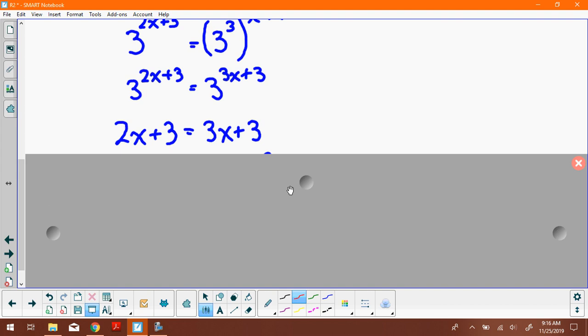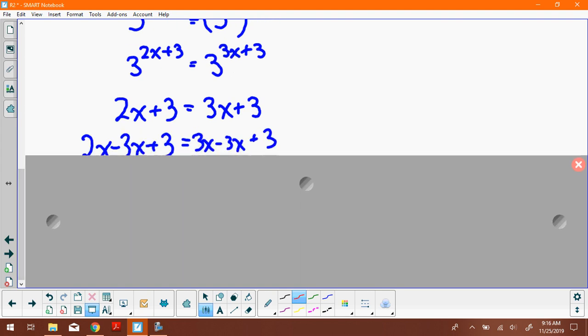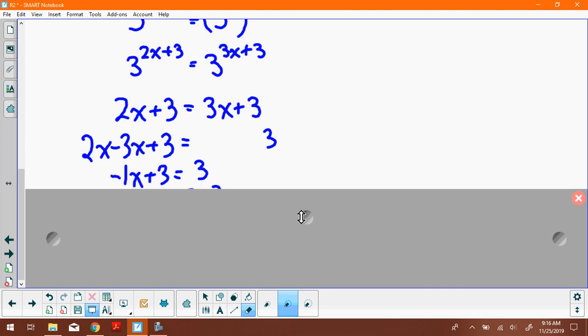From here, there are multiple paths to solve this, but typically we try to get the x's together first. So again, I'll tidy this up a bit. If I move the 3x over, I'm going to get negative 3x on the other side. Then 2x take away 3x is equal to negative 1x.